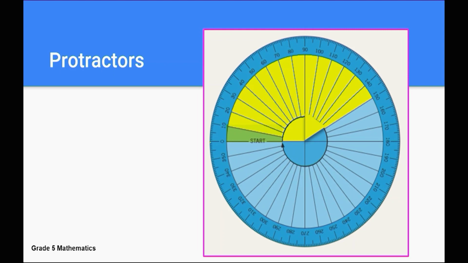Now notice the yellow part of the protractor. What angle is it representing? If you said 150 degrees, then you are correct.